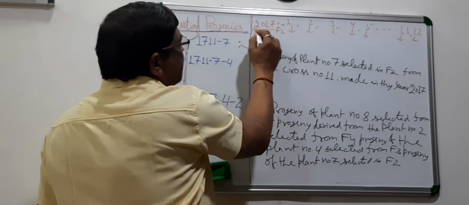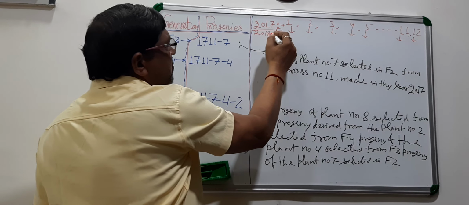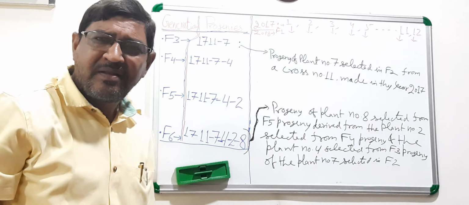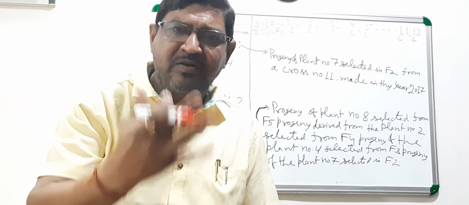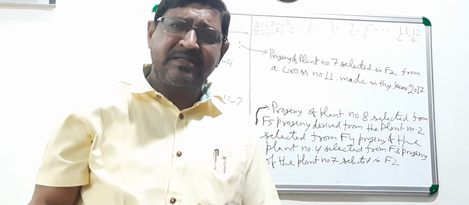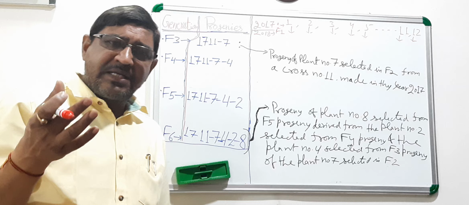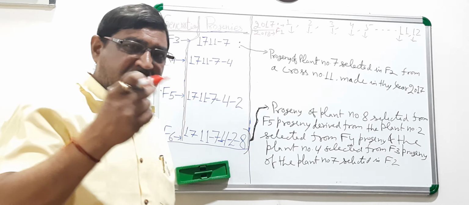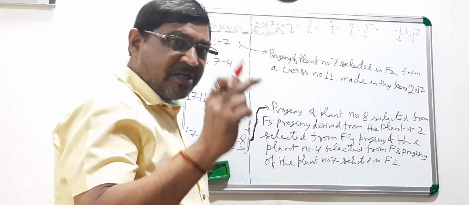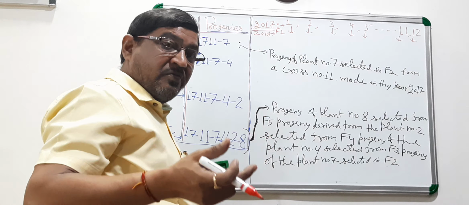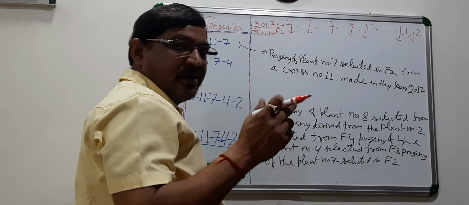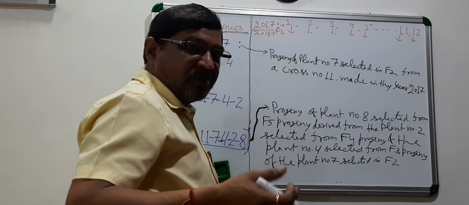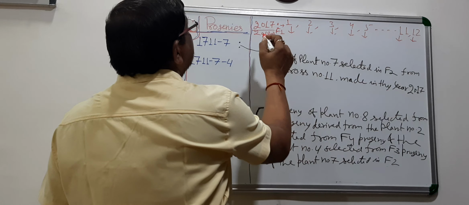As you know, in F1 you are not going for selection because you don't have segregants. So you are starting your selection from F2 generation. That is why your record will start from F2, mentioning individual progenies from F2, F3.